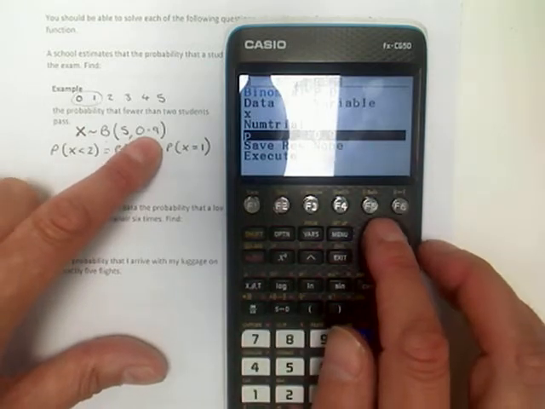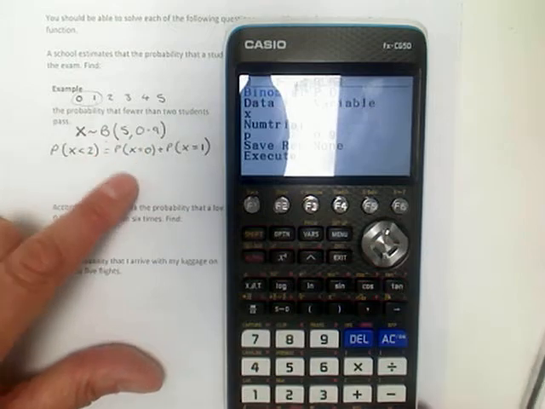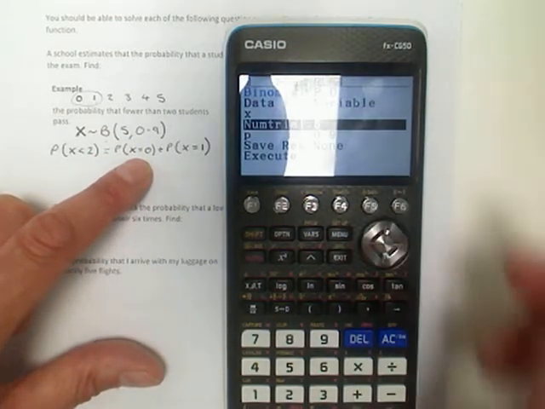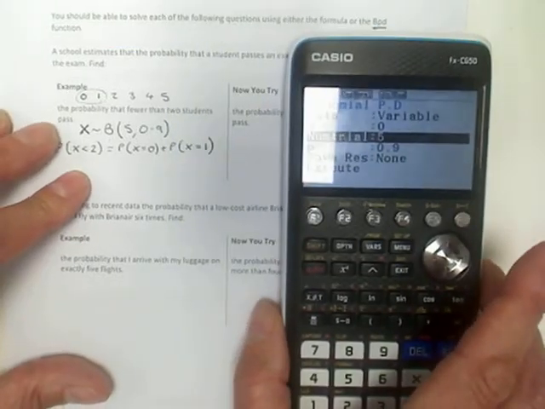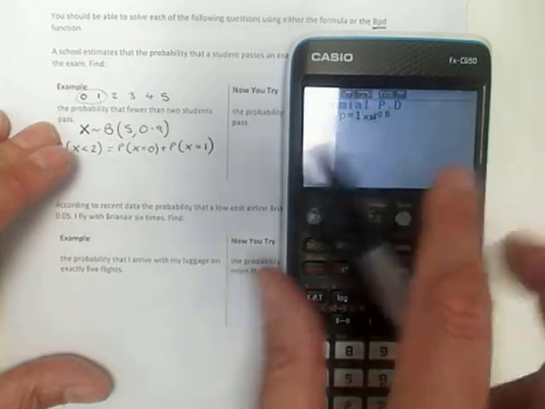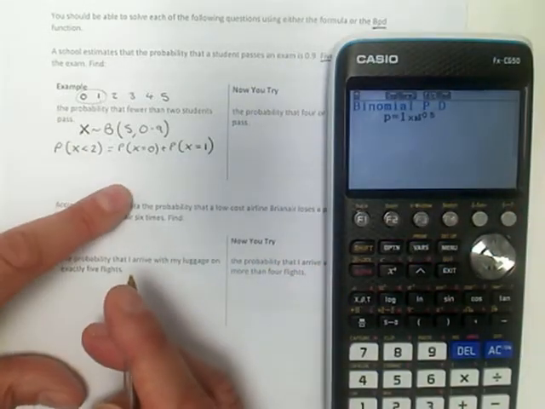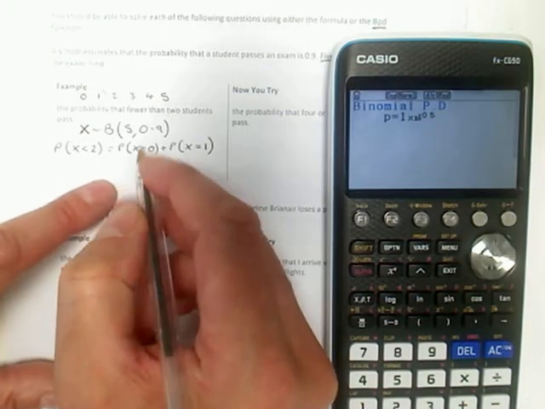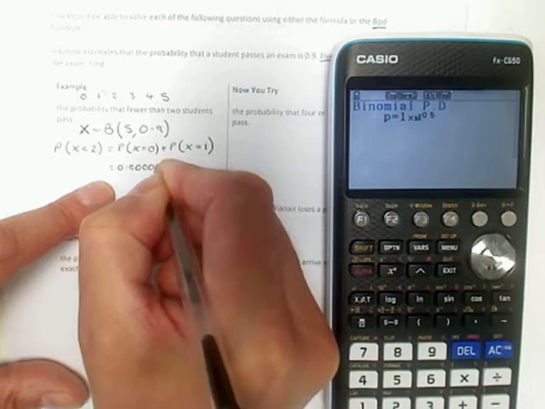So the probability is 0.9, the number of trials is 5, and I want to check the probability of X being equal to 0. Sorry, a bit of light shining on it. There we go. So what I've got is 1 times 10 to the power of minus 5. So that is 0.00001, I believe.